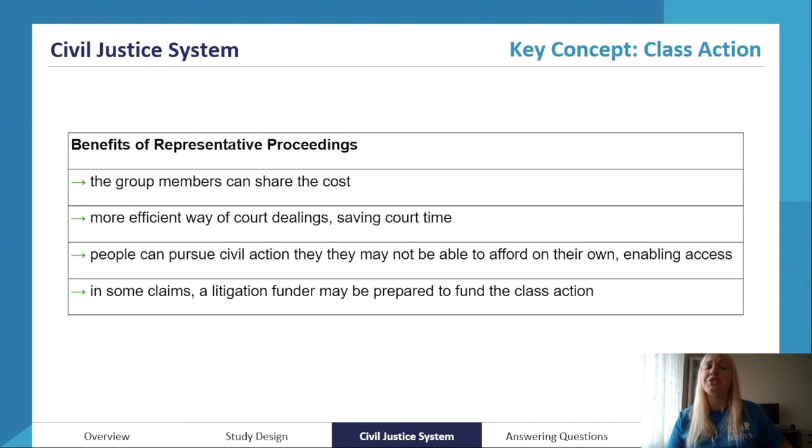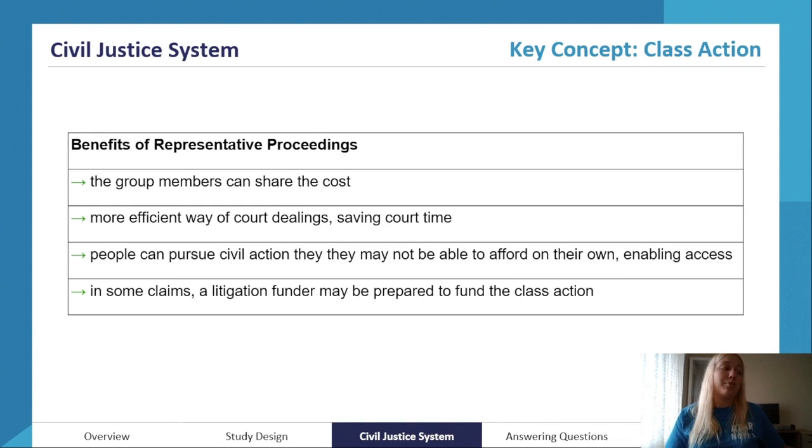So I mentioned some of the benefits of representative proceedings, but the benefits of a class action, the group members can share the cost. I mentioned that this usually occurs for relatively small claims where not as much of a significant loss has been incurred.